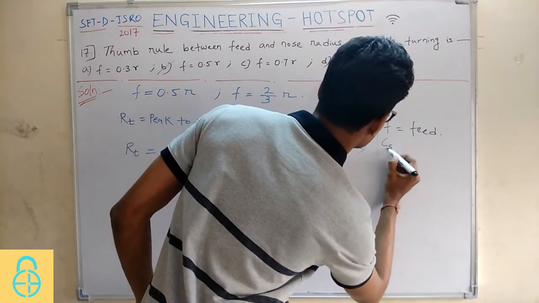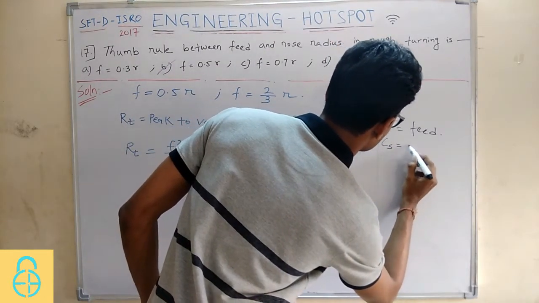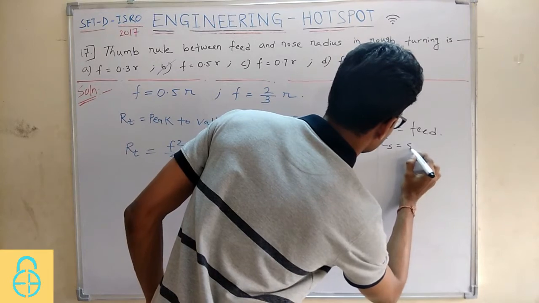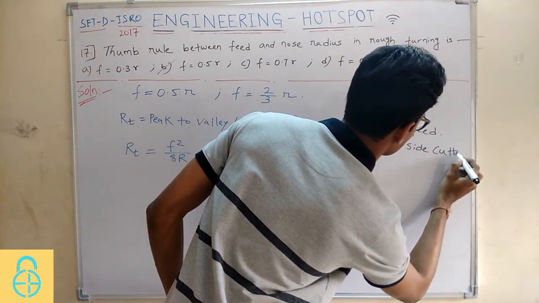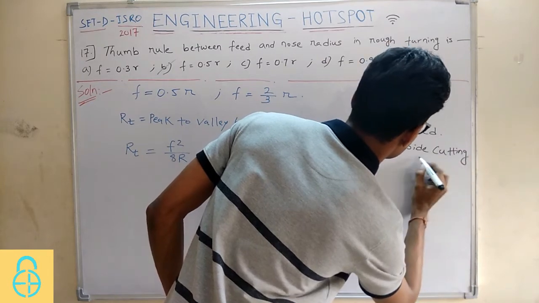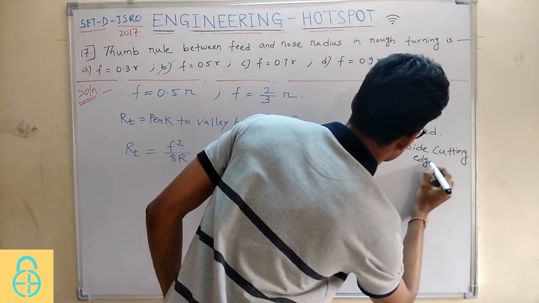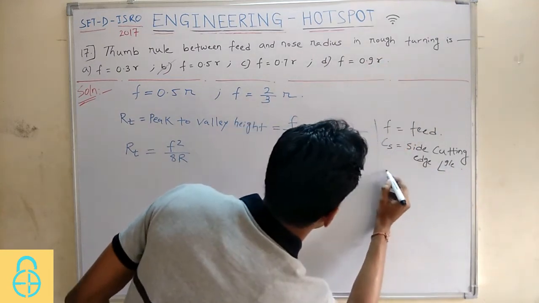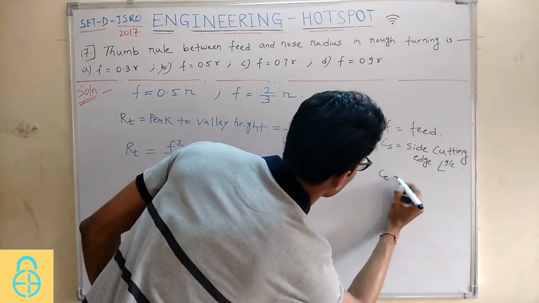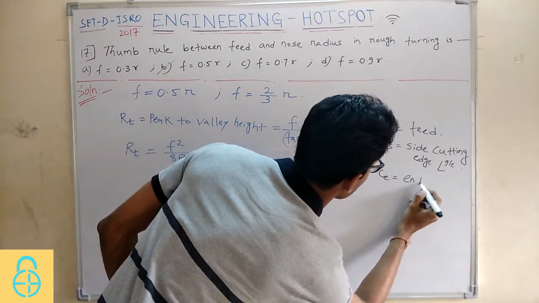CS is the side cutting edge angle. CE is called the end cutting edge angle.